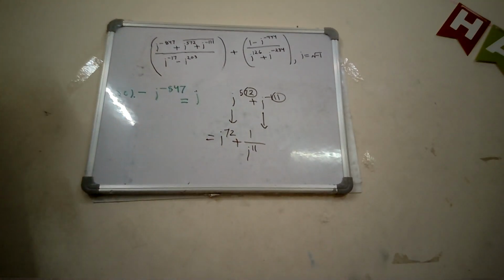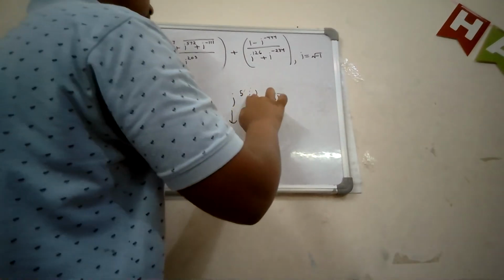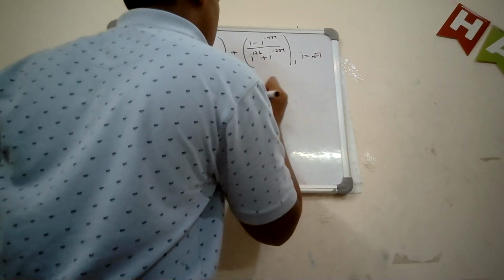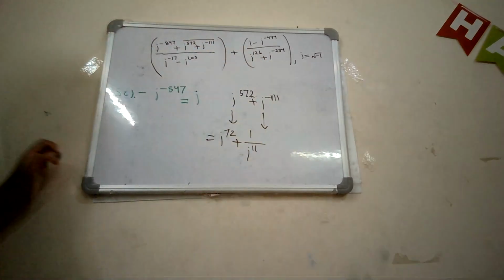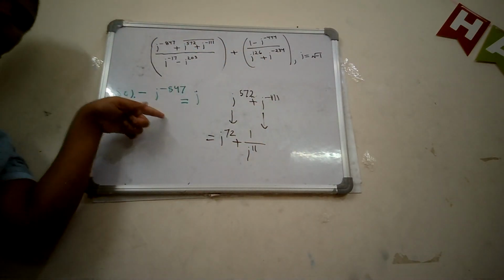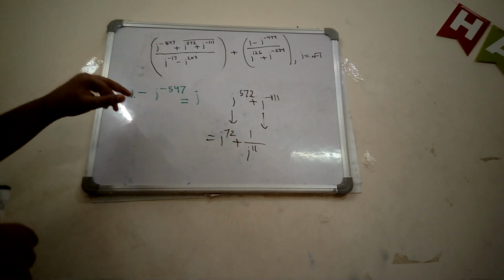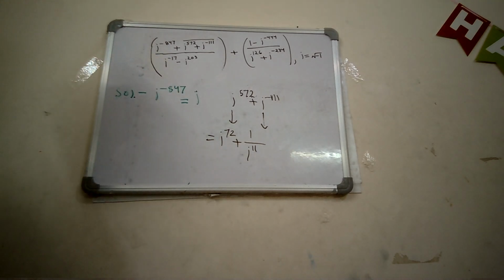Because when we were evaluating the last expression, we got to know that we can just take the last two digits of the power.